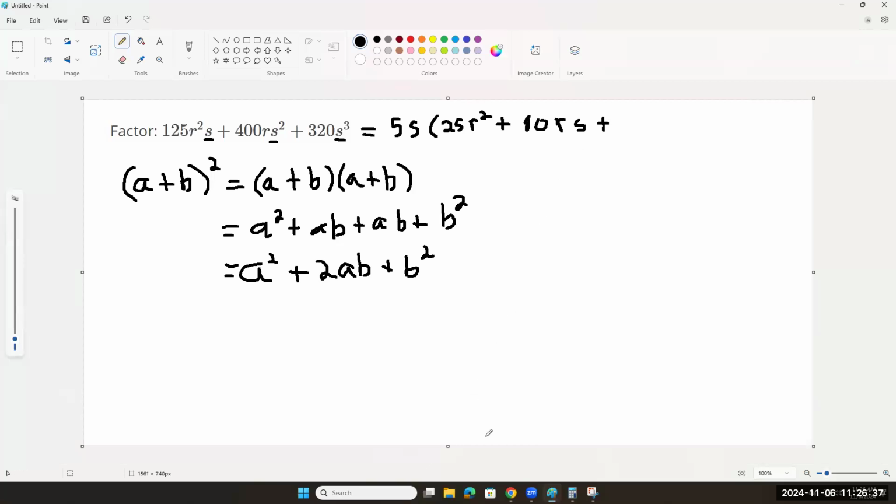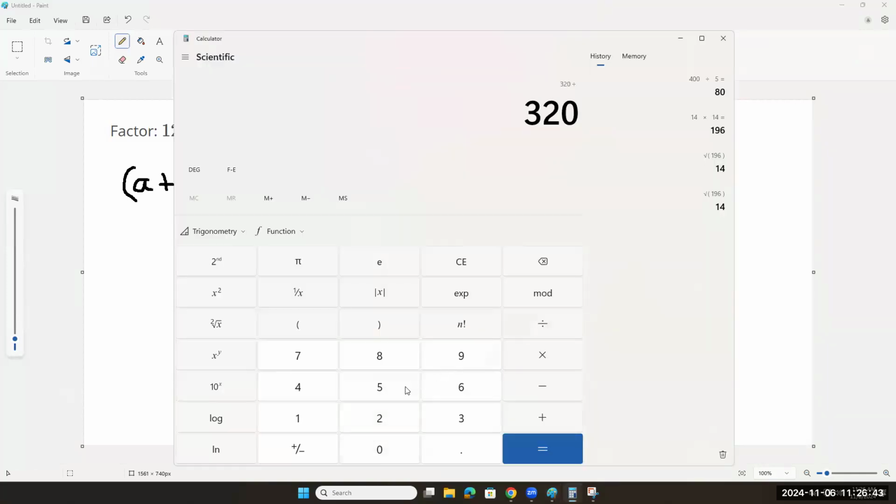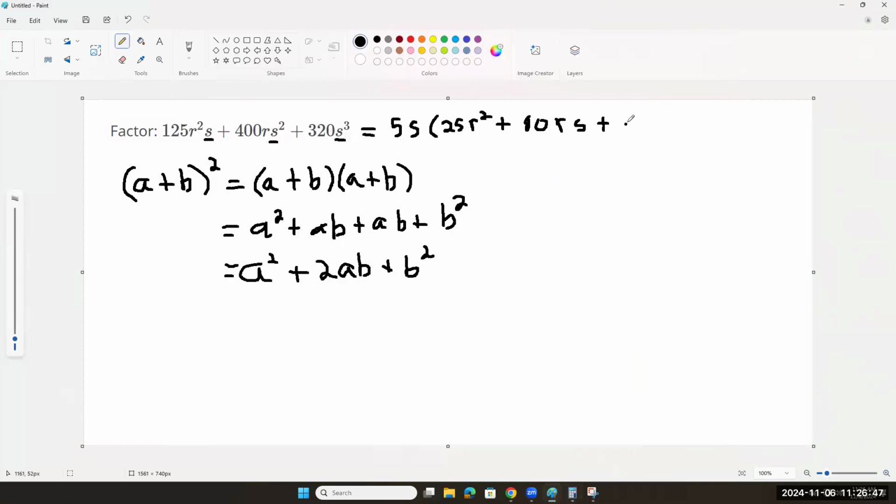And then let's check 320 divided by 5. Is 64. And that's S squared.